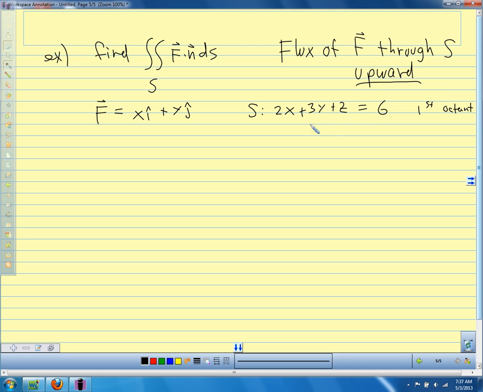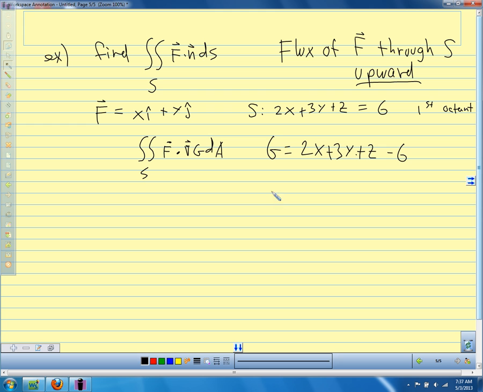So in this case, we're going to evaluate f dot del g dA, and we're saying that g is just 2x plus 3y plus z minus 6. So g equals 0.